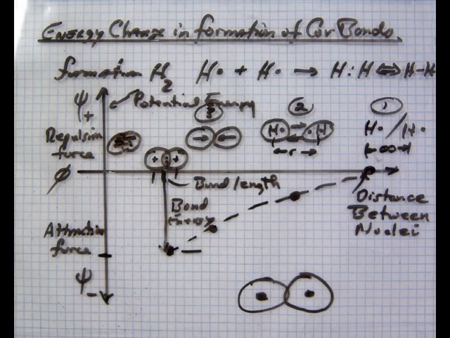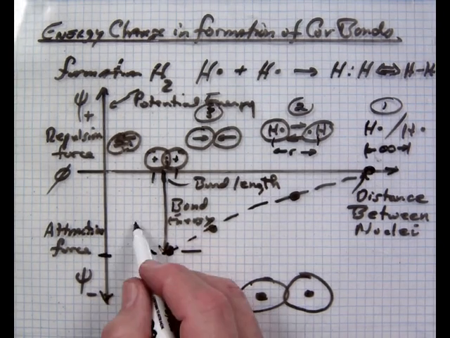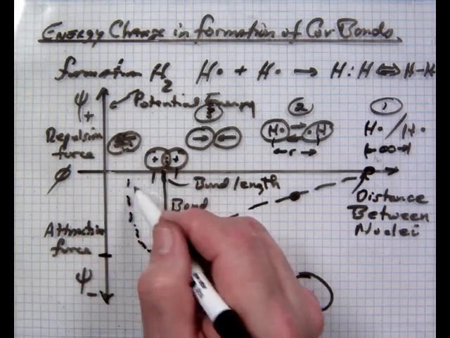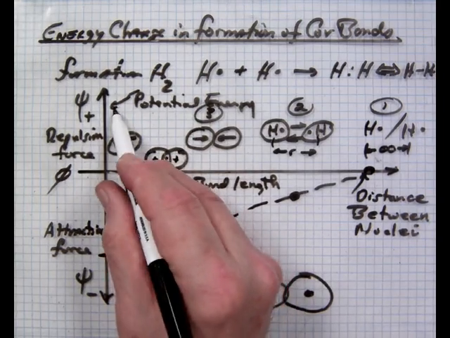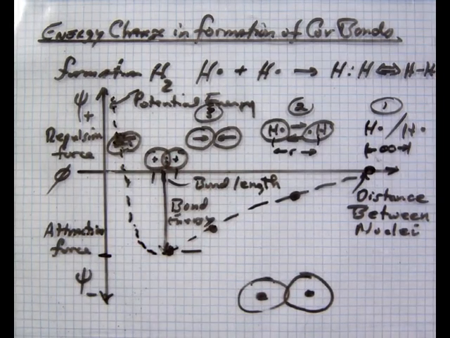You have two positive centers that you're trying to push together, like two centers of a balloon. The harder you push the centers together, the more the balloons push back. So there's a rapid increase in repulsion, so that inside that bond length, the nuclei begin to repel. And so they reach a point where they don't get any closer or further apart. That's an example of how energy changes take place.